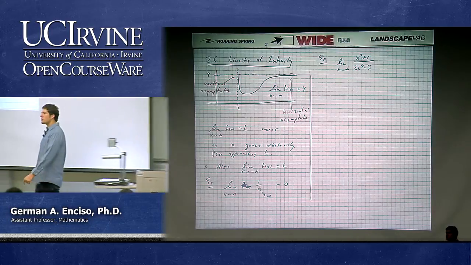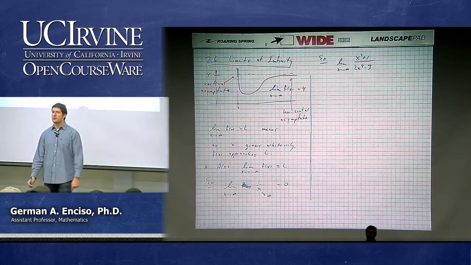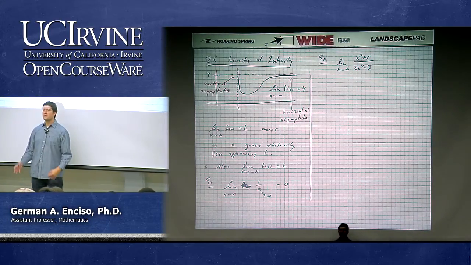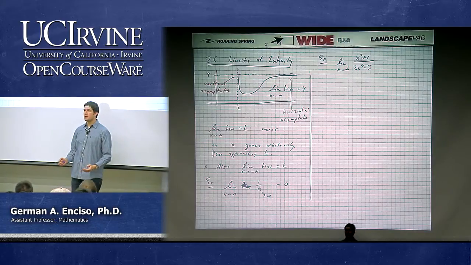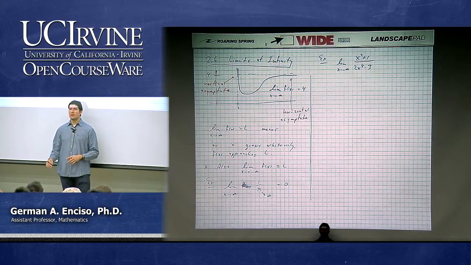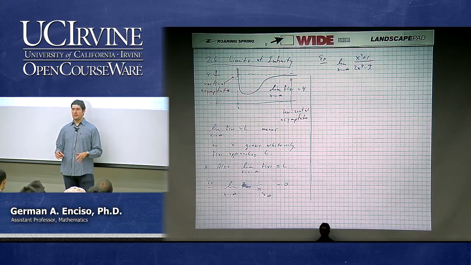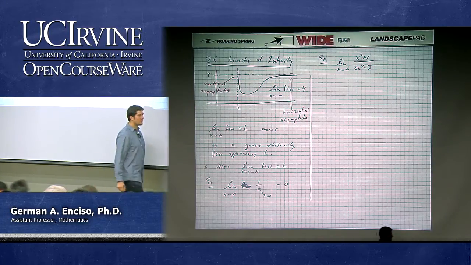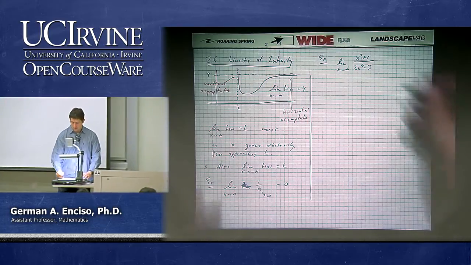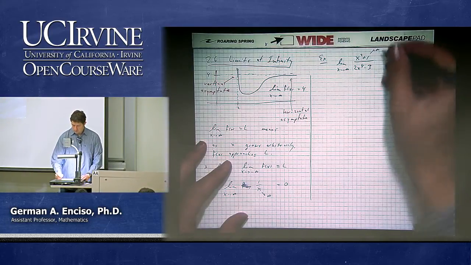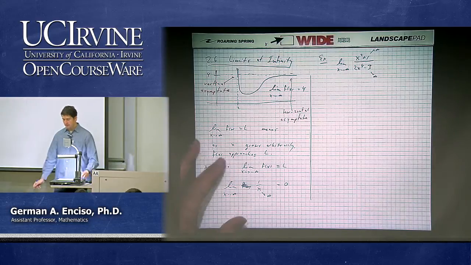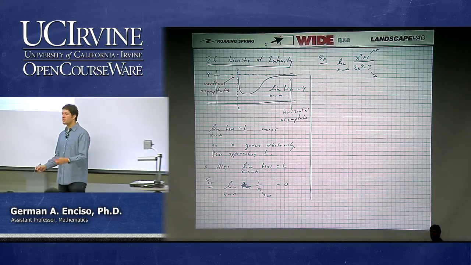Let's say that we do the same thing as before. We evaluate x equals 10, 100, 1,000, and every time we plug it in up and down. Then what happens? The thing on the bottom becomes bigger and bigger, as before, but the thing on the top also becomes bigger and bigger. So that's no good, because the top goes to infinity and the bottom goes to infinity. So what does the whole thing converge to? Yes?